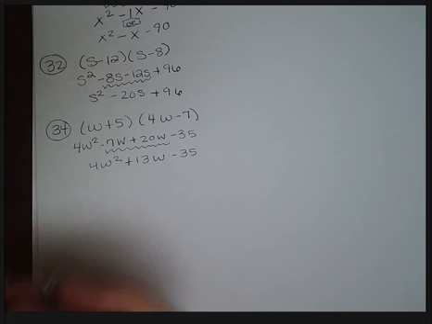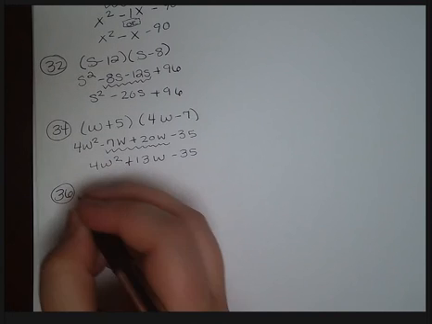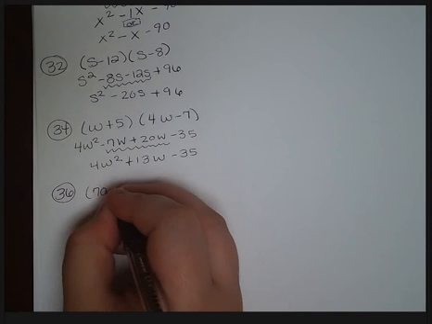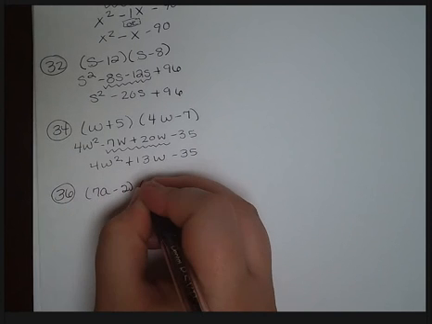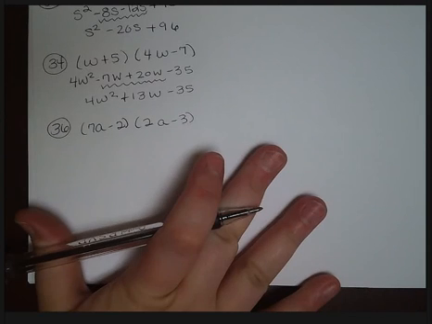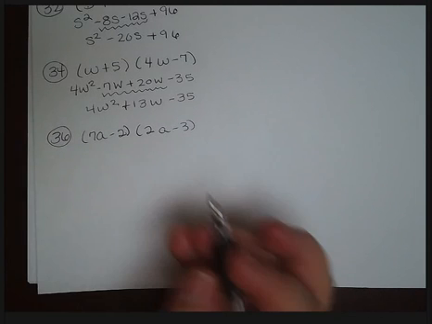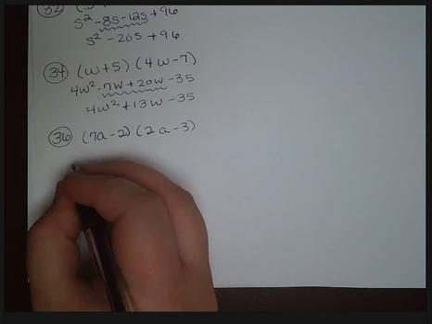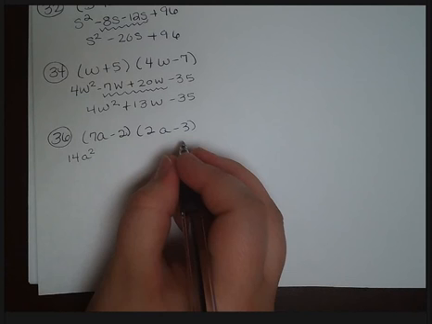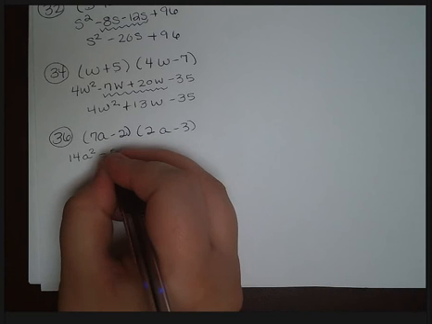All right. Number 36, you have 7a minus 2 and 2a minus 3. So 7a times 2a is 14a squared. 7a times negative 3 is negative 21a.